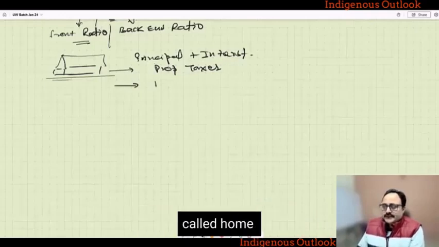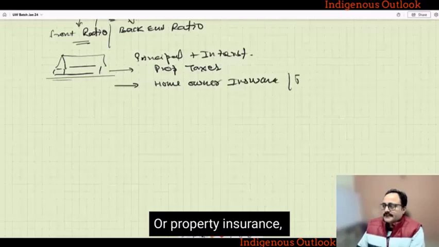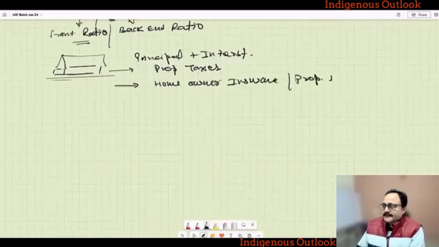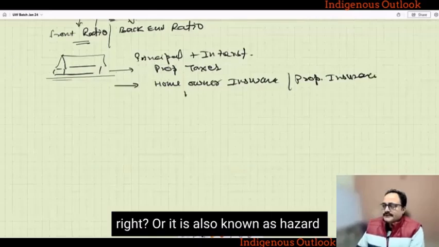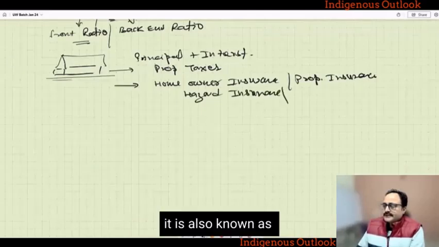So that is called homeowner insurance, or property insurance, or it is also known as hazard insurance. It is also known as fire policy.